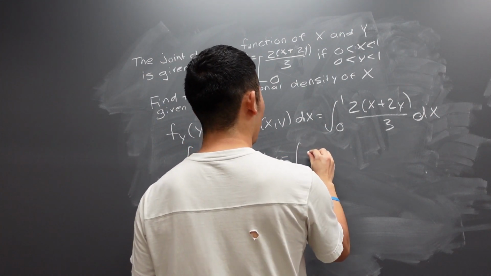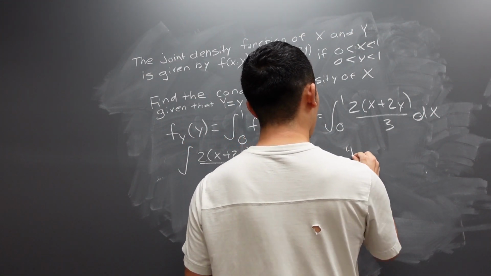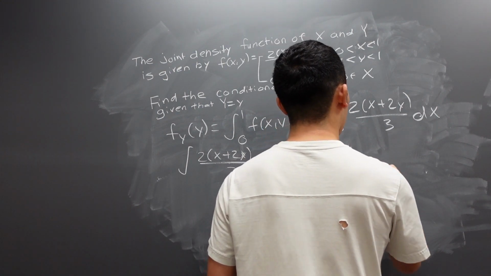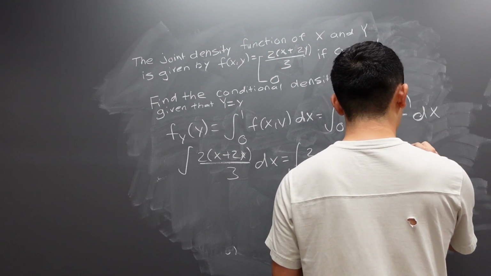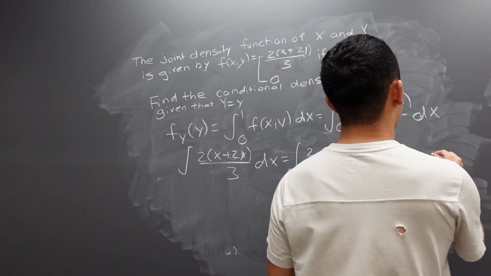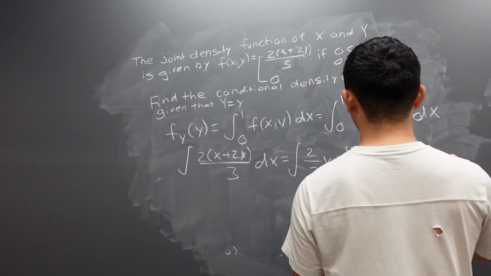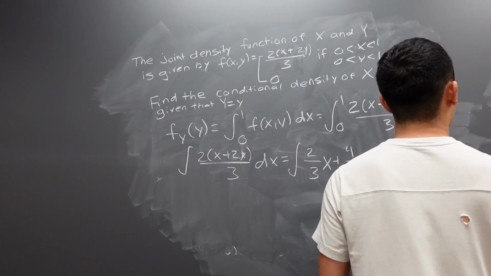We can rewrite this as the integral of 2 over 3 x plus 4y over 3 dx. The integral of 2 over 3 x would be 1 over 3 x squared, plus 4 over 3 xy.